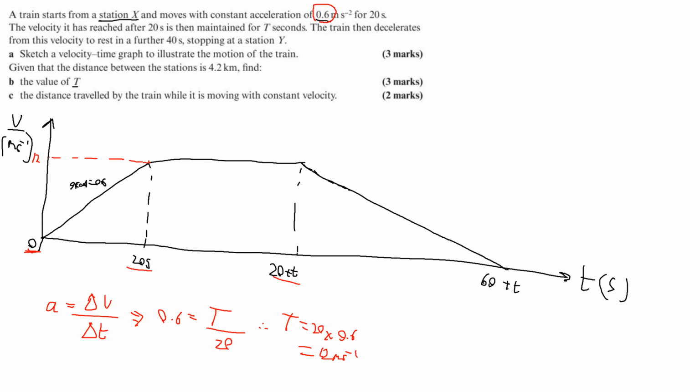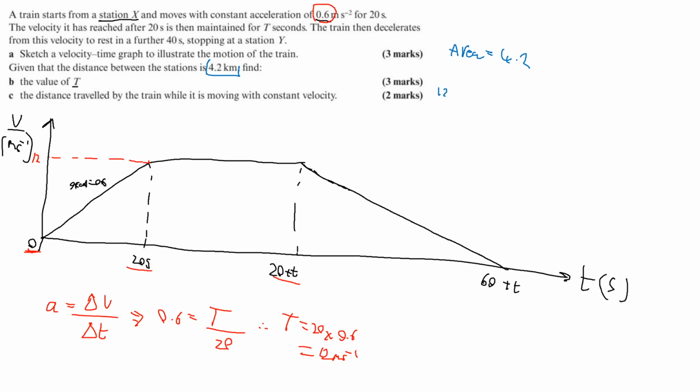Sorry, a bit of information that we needed that I forgot to read out before. We know that the distance between stations is 4.2 kilometers, which means the total area is equal to 4.2. Now we can model that.